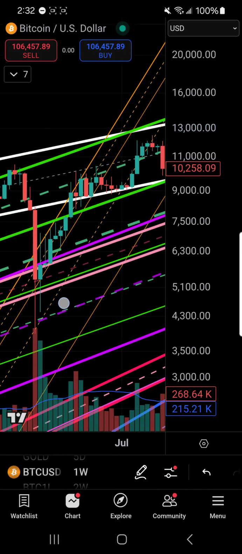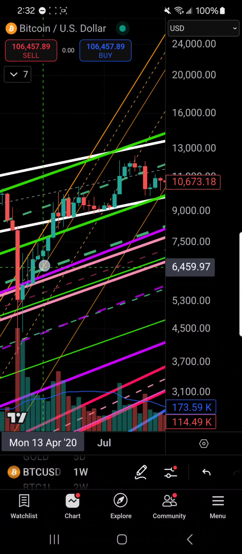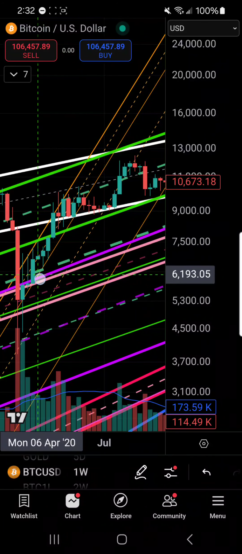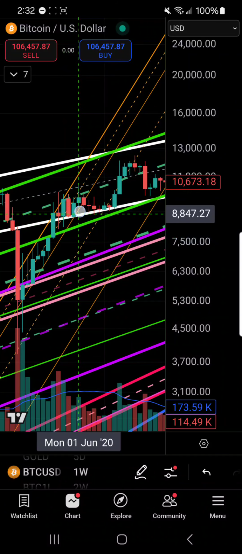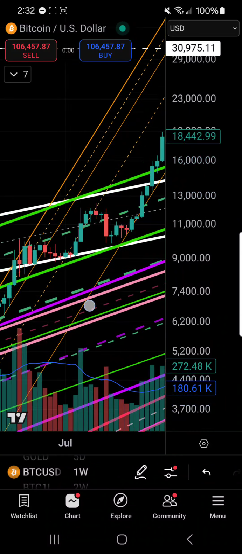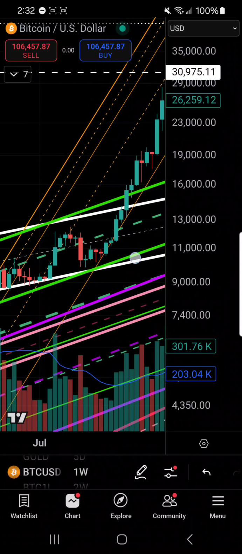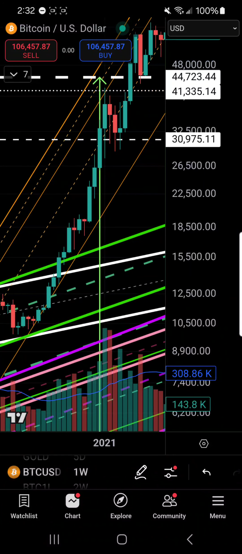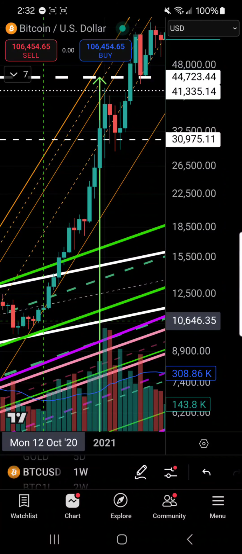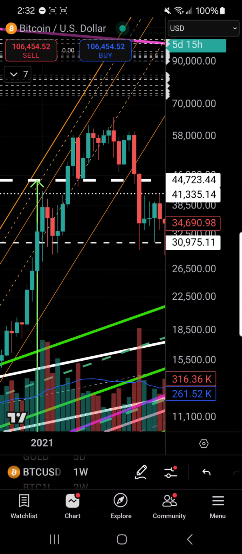You can see how price starts moving up in this channel in March, starting after COVID in 2020. It falls out, but if you widen the channel, you can see how price action follows the slope of this channel. And then right here, finally, it takes off in October of 2020 for the parabolic portion of the bull rally.